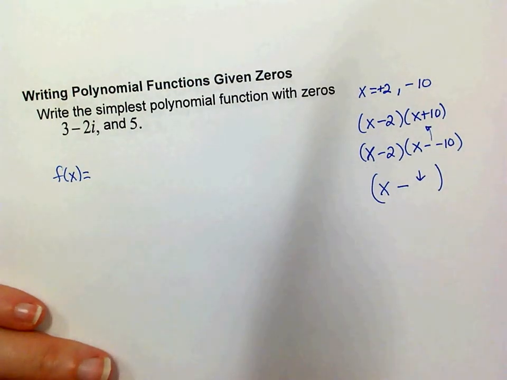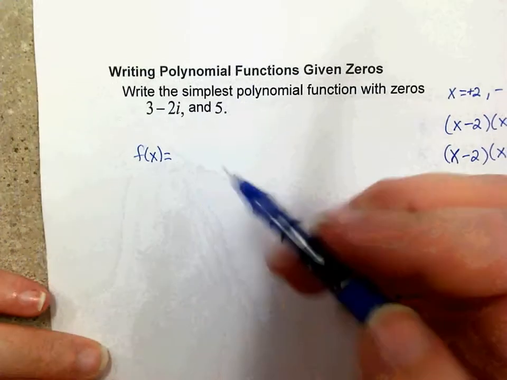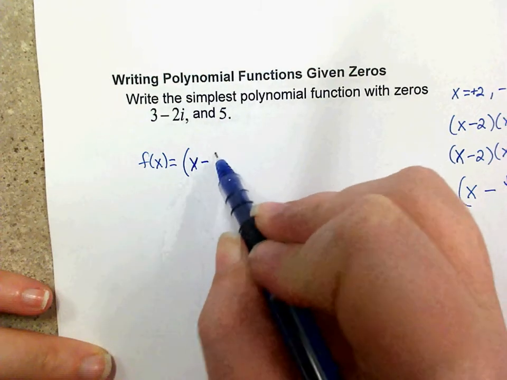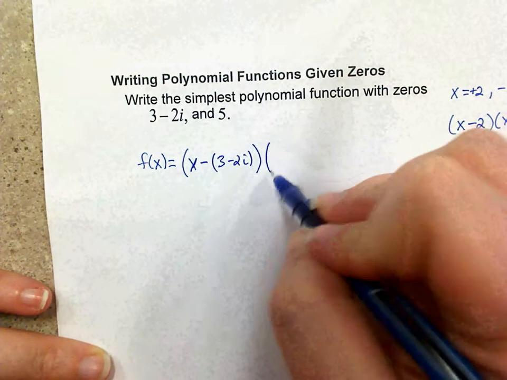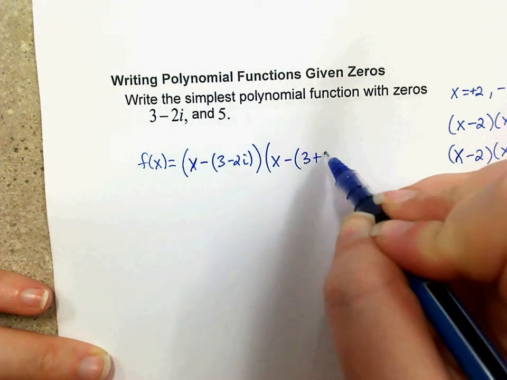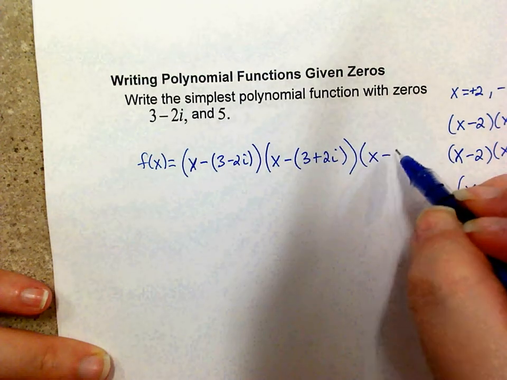That's important because when you're dealing with something like 3 minus 2i, then you actually need to say x minus the quantity 3 minus 2i. If 3 minus 2i is there, so is 3 plus 2i, and then x minus 5.